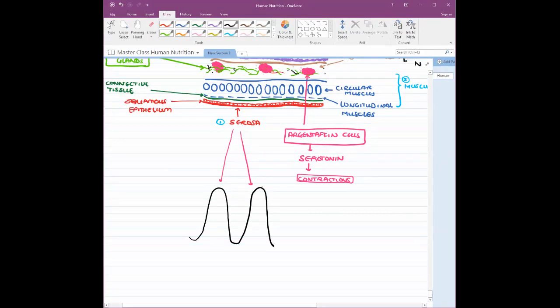Now, guys, what are you going to see? That when we have this entire villi. One minute, guys, let me just quickly draw the cells.